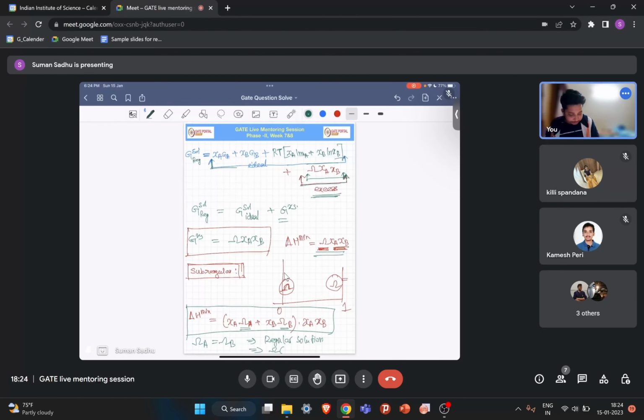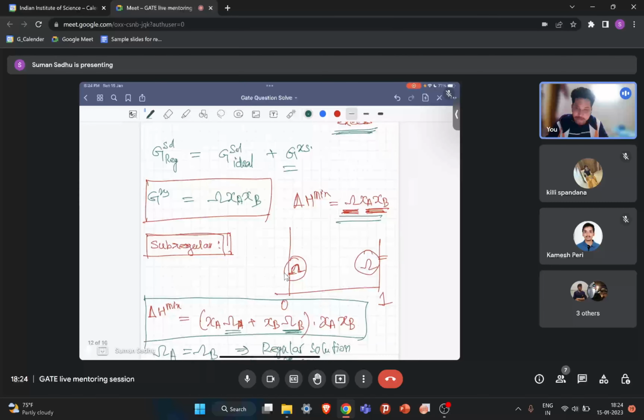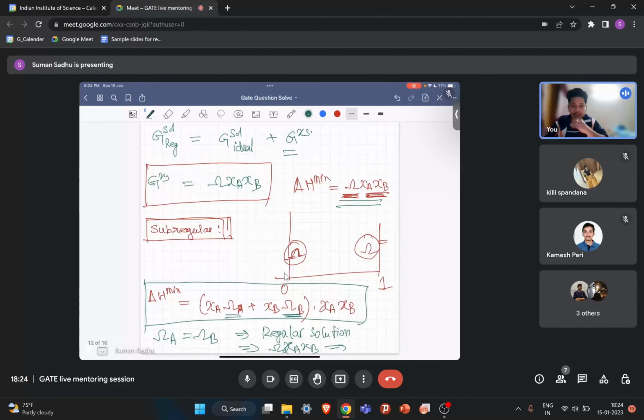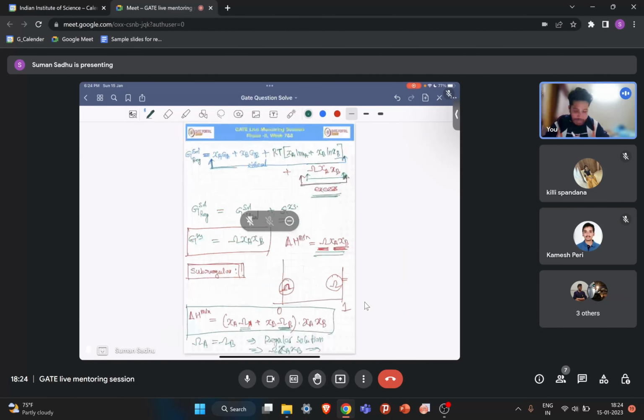So it will be xa plus xb into xa xb, and xa plus xb is 1. So you will end up getting the same equation for a regular solution. But for a subregular solution, omega A and omega b are different. So that's why you have two solution parameters, or two interaction parameters. One is for A atom and one is for B atom. Okay, so this is for the subregular solution.